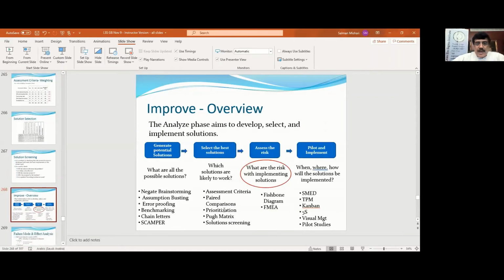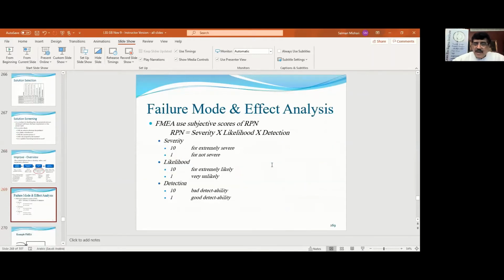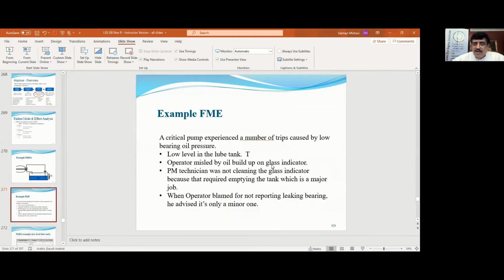So now, after you actually generated all potential solutions and you selected the best solution, now you want to assess the risk. And assessing the risk, basically use the fishbone and use FMEA. And I think we've talked about both of them before. So like the FMEA, I don't want to go over it again.